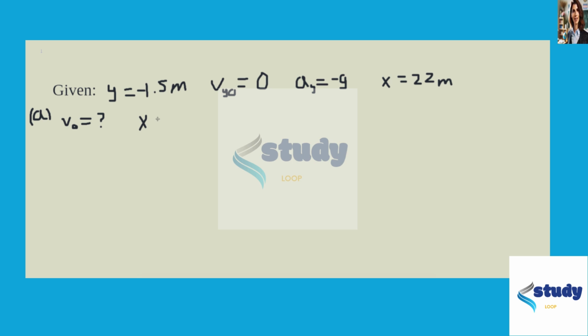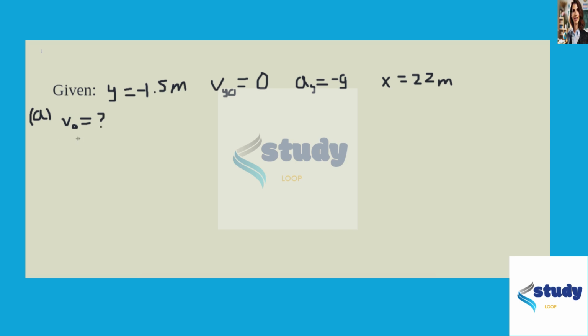So the location where the car leaves the ramp, y of 0, is going to be equal to 0. And at the end of the flight over the 8 cars, the car must be at y equals minus 1.5 meters, because that's the height of the ramp. Okay, so I write here y equals minus 1.5 meters. And I also write the initial velocity in the y direction, which is 0. The acceleration in the y direction is negative gravity, okay? And then the total distance traveled in the x direction must be 22 meters to clear the cars.